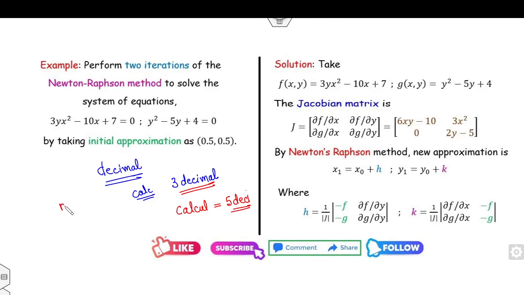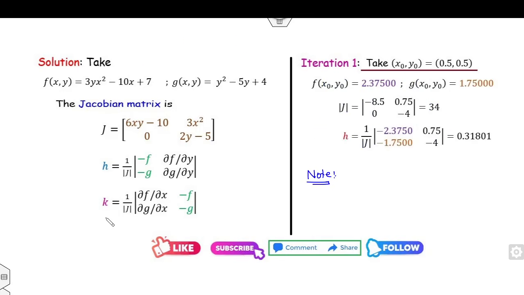If you want to calculate the result up to n decimal places, do all the calculations up to n plus 2 decimal places. So that's why I have calculated all these values up to 5 decimal places.